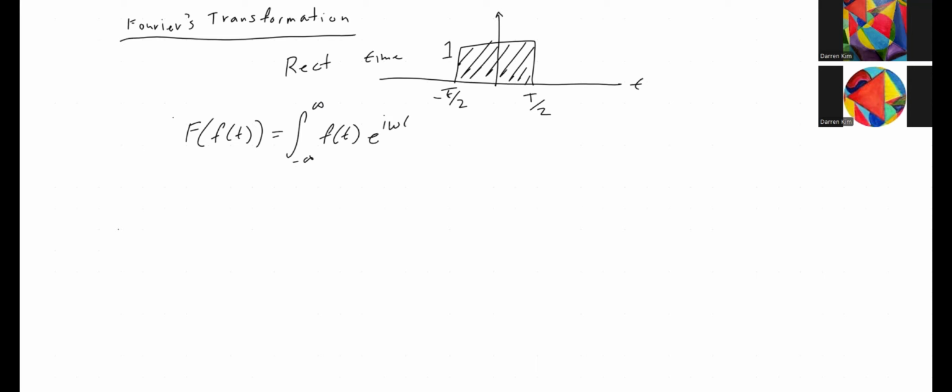This dt gets rid of all the t's, the time dependence. And this omega is the variable that we're transforming to. This equals F of omega. Sometimes you call it i omega, but omega is the correct variable here. i omega will actually create the Laplace transformation, but in a weird way, as we'll see later.